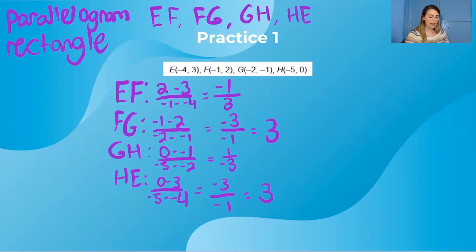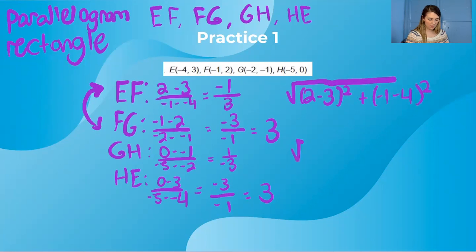So I'm going to take 2 sides, EF and FG, and find the distance of those sides. -2, this is going to be 1, squared is 1, plus 9, I have square root of 10.